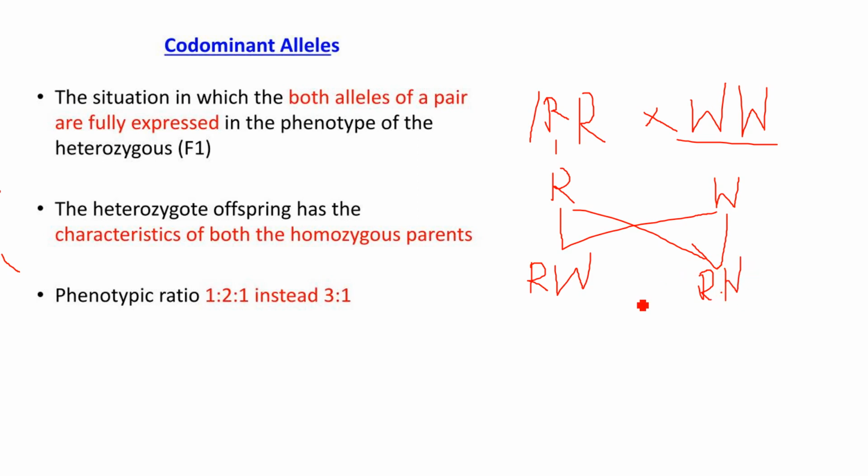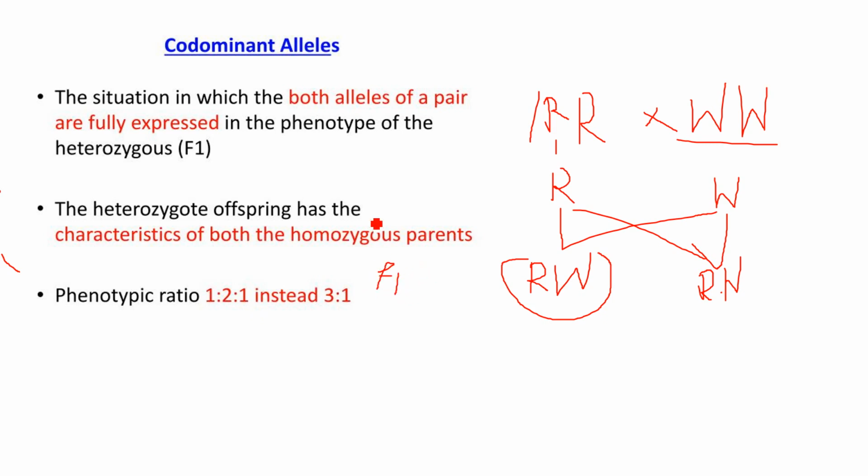So both colors are expressed in the F1 generation. As seen, the F1 hybrid has the roan color. Roan has a mixture of red and white color. Now this is the cross, and after this cross, this is the F1 generation, the first filial generation.